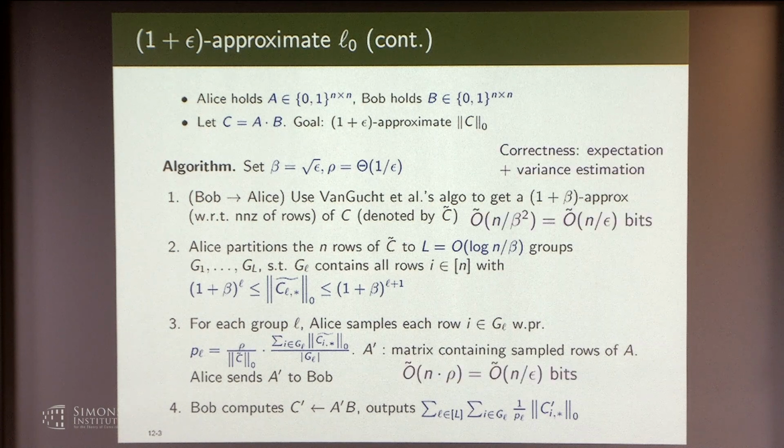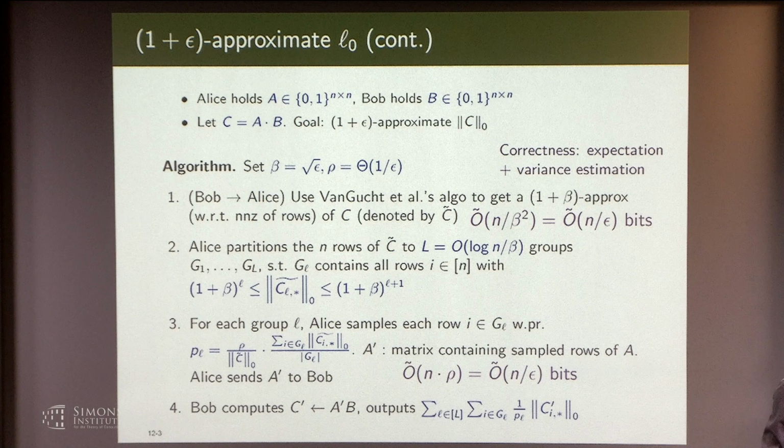Okay. And the communication cost: communication happens in step 1 and step 3. Step 1 is directly from the previous result, so it's n over beta squared. We set beta squared to be square root epsilon, so this is n over epsilon. The previous result directly sets beta equal to epsilon, which is why we would have n over epsilon squared.